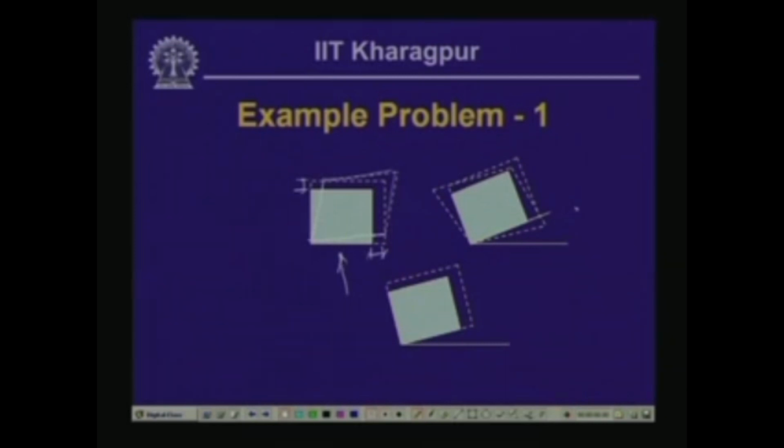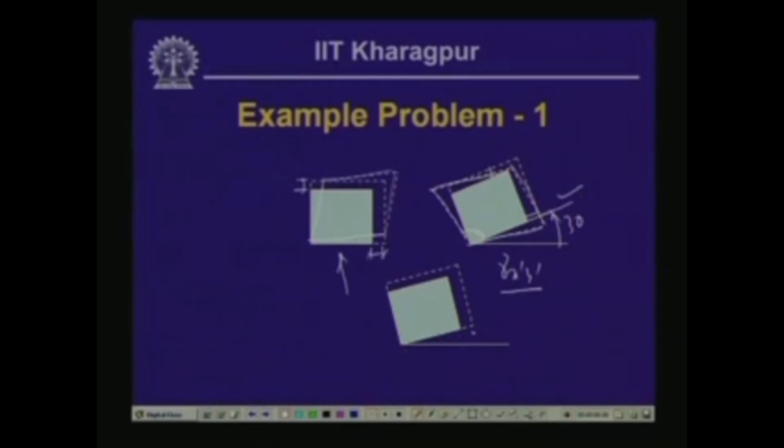Finally, when it is rotated at an angle of 30 degrees, it has epsilon x dash, epsilon y dash, and gamma x dash y dash is negative. So, the angle here increases, and this is the form which it takes, and so this is the final shape of the body after it has undergone the strain.